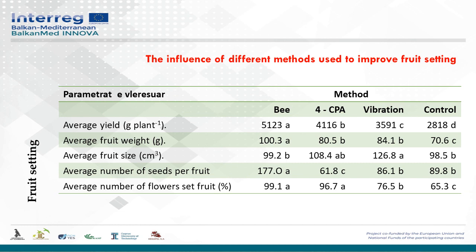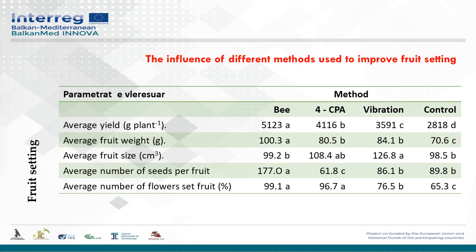And of course, we should be aware of the effects of different methods we can use to improve fruit setting. This is a table taken from the literature, which shows the effects of 4 different methods on the average yield, the average fruit weight, the average fruit size, number of seeds per fruit, and number of flowers setting fruit expressed in percentage.